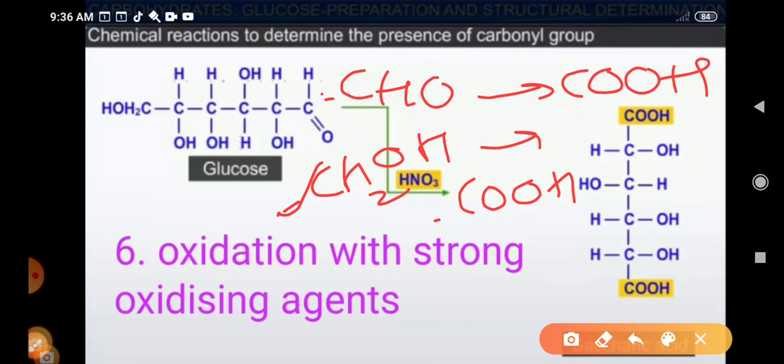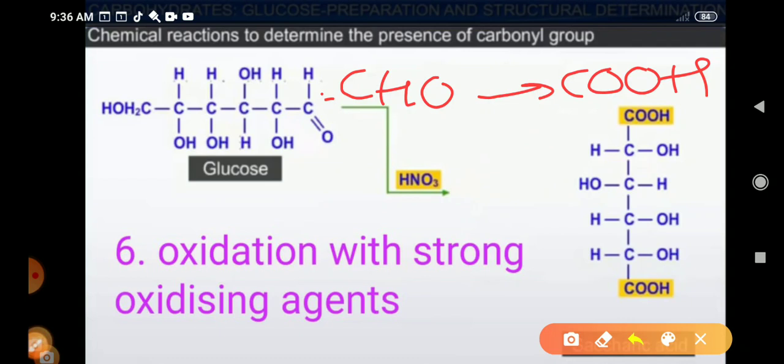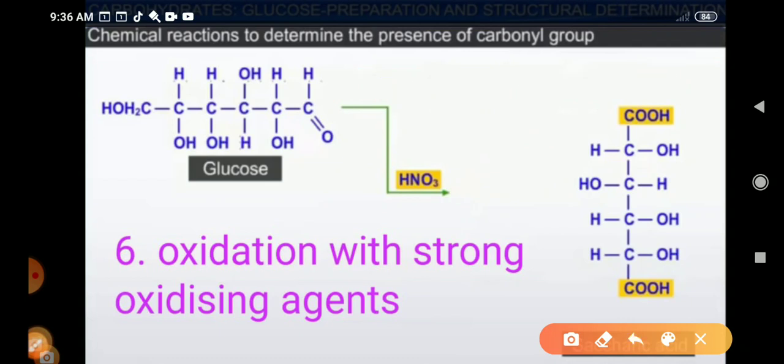So here in this reaction, the aldehyde group is converted into an acidic group because oxidation is taking place, which we have already discussed in the reaction with bromine water. But for that process, only a mild oxidizing agent is enough.